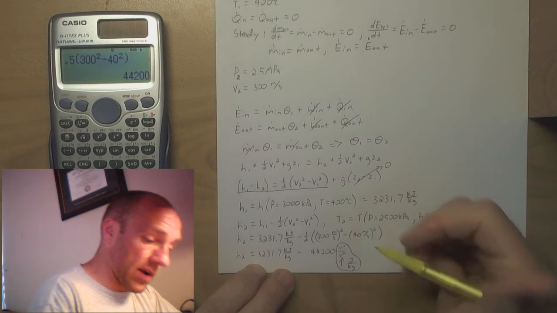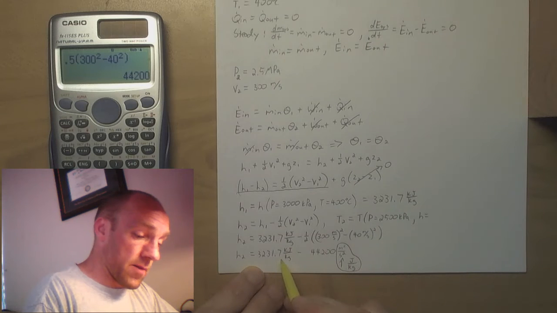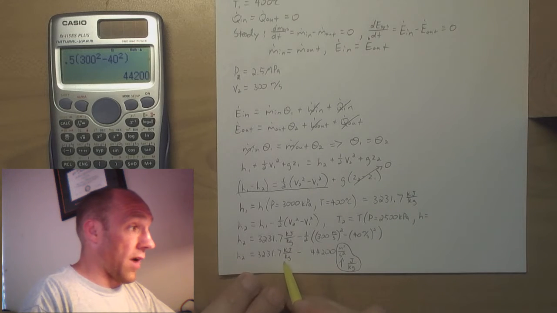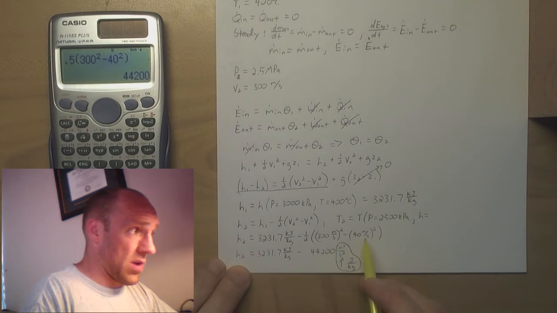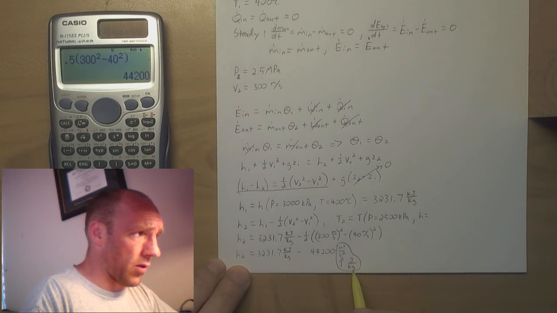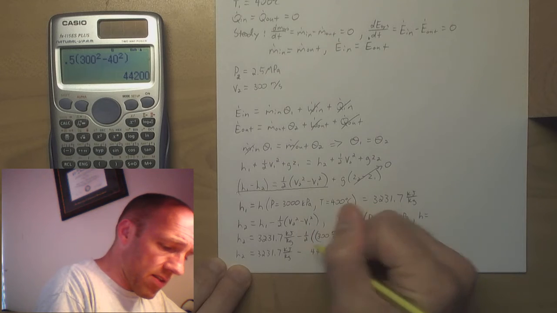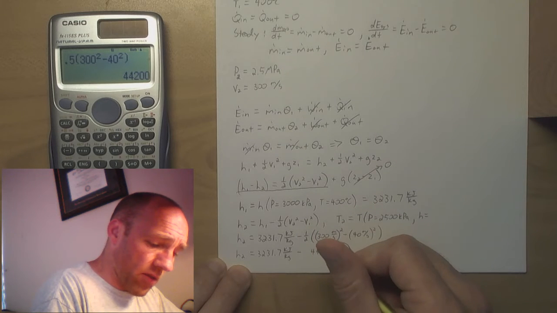So you have to be very careful about your units here. Our enthalpy is in kilojoules per kilogram, but the calculation we just did for the change in kinetic energy gave us joules per kilogram. All right. And so we have to multiply this. This is off by a factor of 1,000.